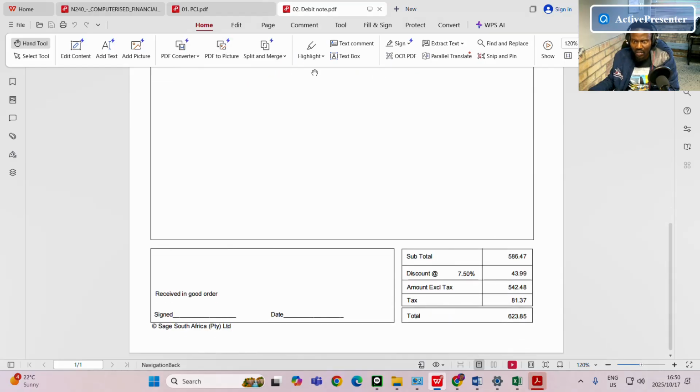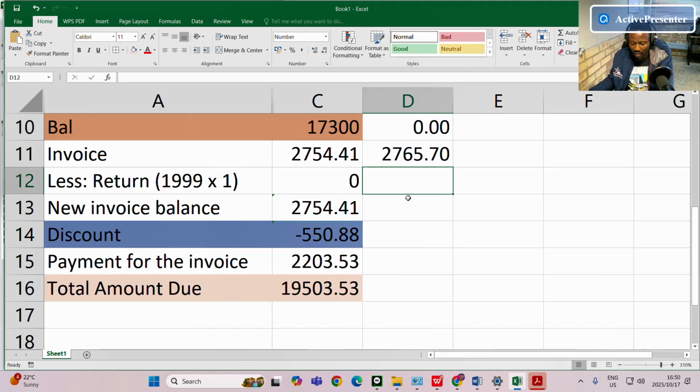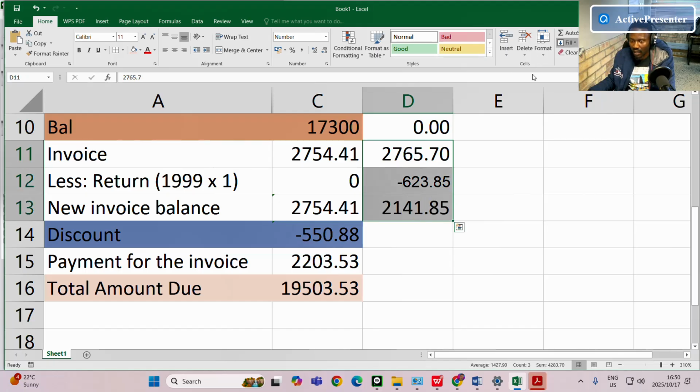We're going to take the total. So I just copied the amount here, and let me make it negative. So basically, I took the invoice amount minus the return, then that's the new invoice balance that we owe.